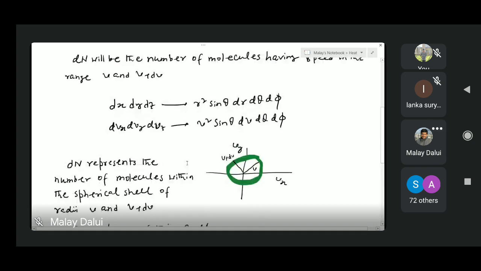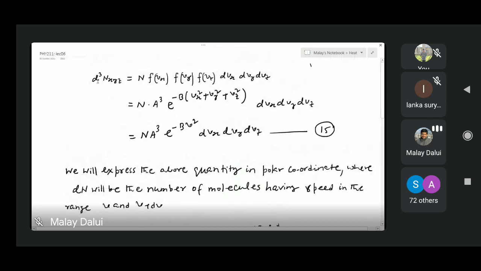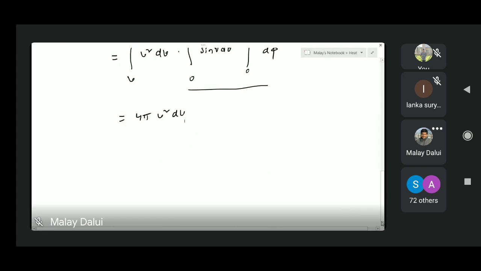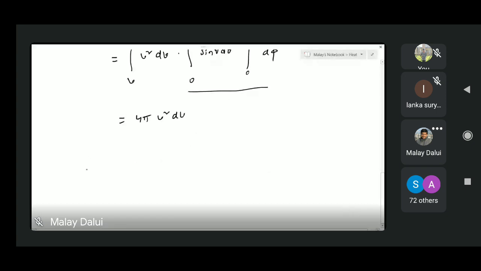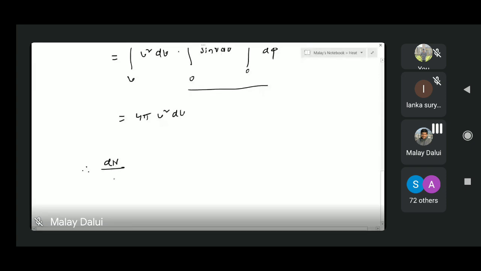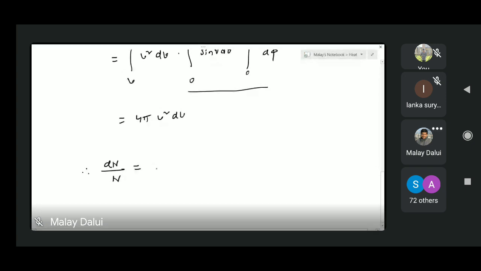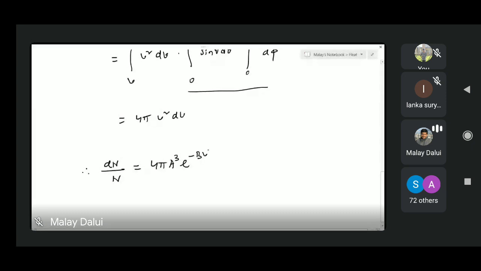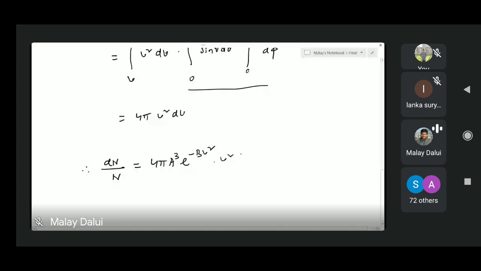Therefore, from here we'll write it as dn in polar coordinates, and I'll take the n on the left side. Therefore, my dn, where dn is the number of molecules having velocity in the range v and v plus dv, is 4 pi a cube e to the power minus b v square, then v square dv.